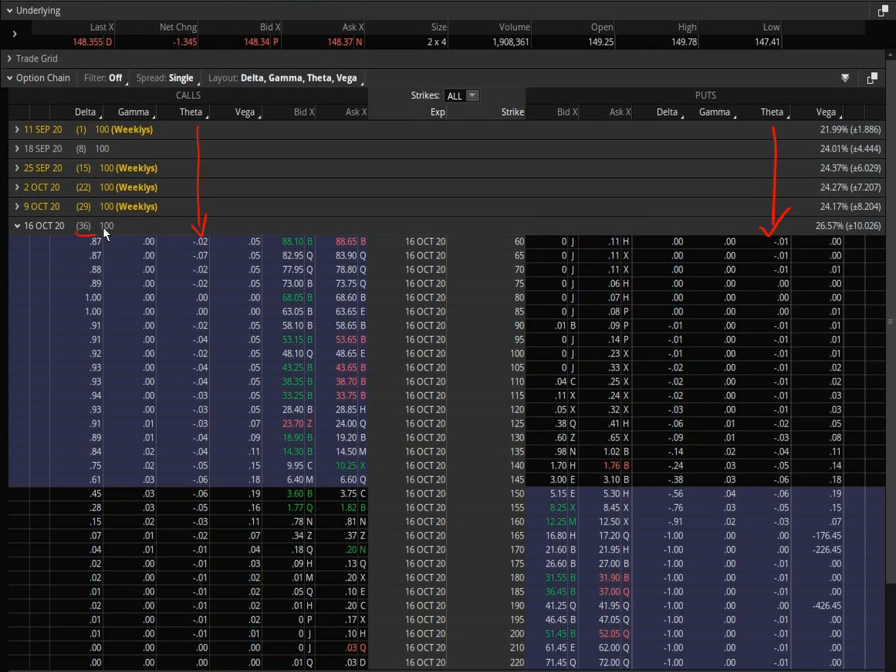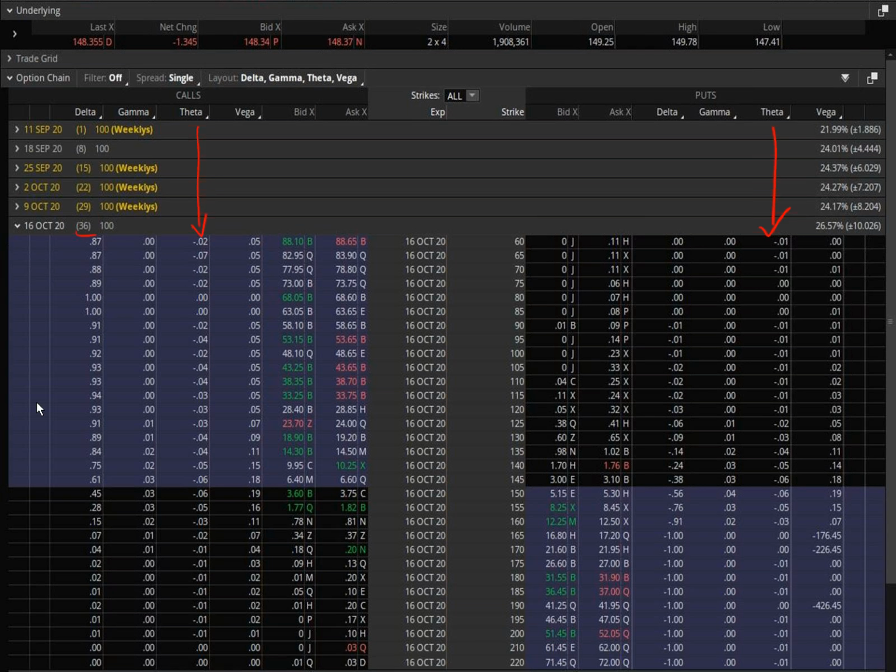So theta ramps up all the way from 35 days to expiration to the last day of the expiration. He is trying to take every penny out of your pocket he can. In the beginning, it's kind of like he's nibbling away at you. Way out 100 days out, it's just a couple pennies here and there. You don't really notice it. But inside of 36 days, you're going to notice those pennies are starting to rapidly come out.